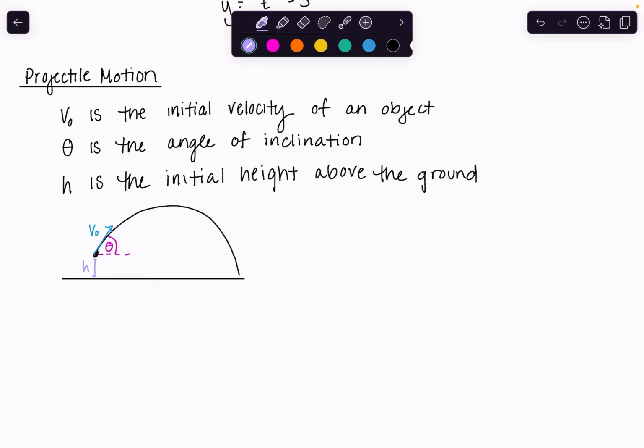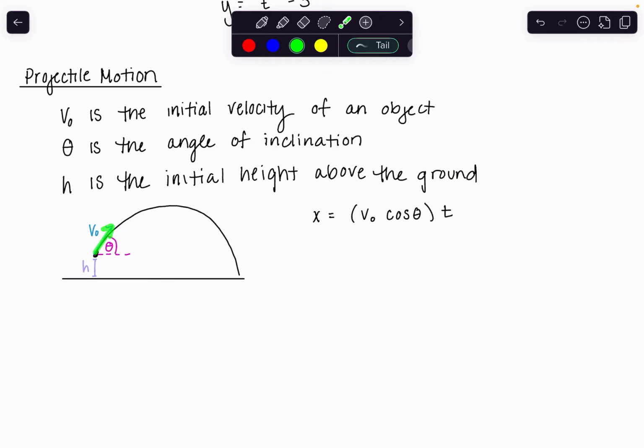So this would be our height. Every single projectile motion is going to have the same formulas for our x and y coordinates. The x coordinate is just going to be a linear function. That's the initial velocity times cosine of the angle you throw it at times time, okay?